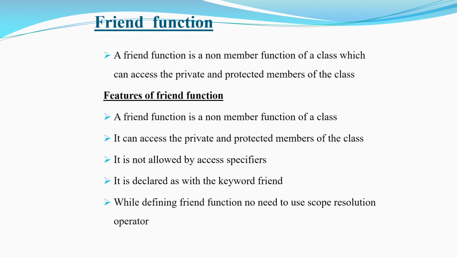A friend function is a non-member function that is guaranteed access to the private and protected members of a class. Once again I repeat, the friend function is a non-member function that is guaranteed access to the private and protected members of a class.